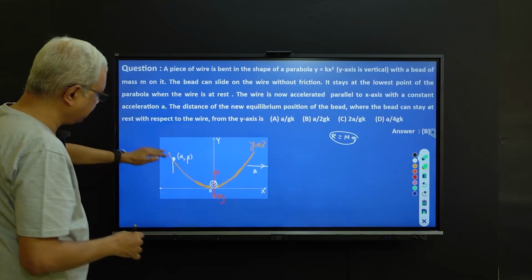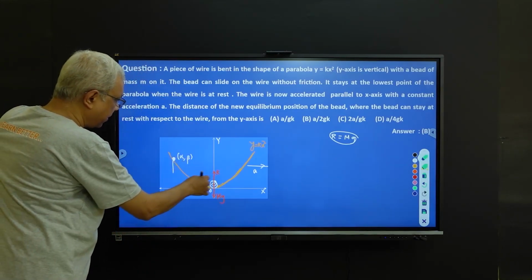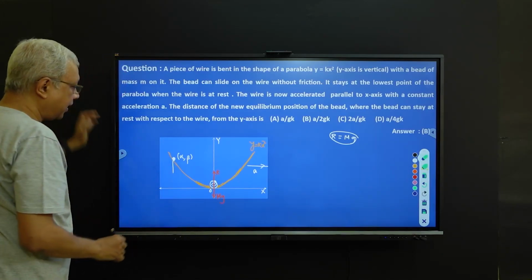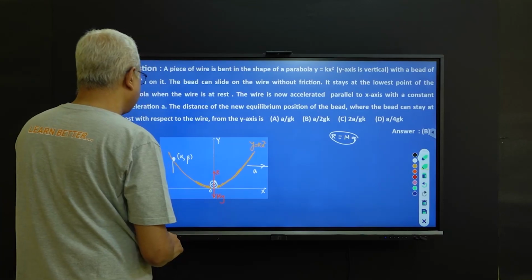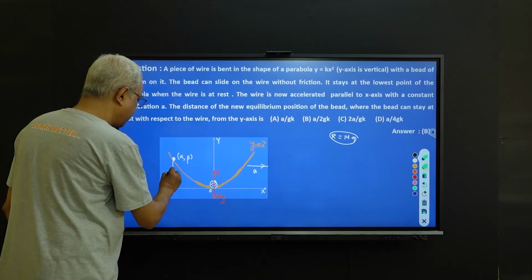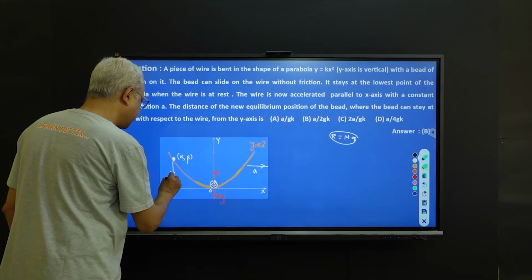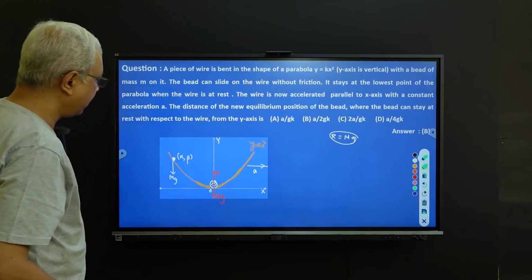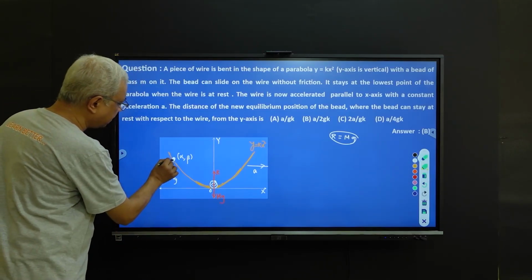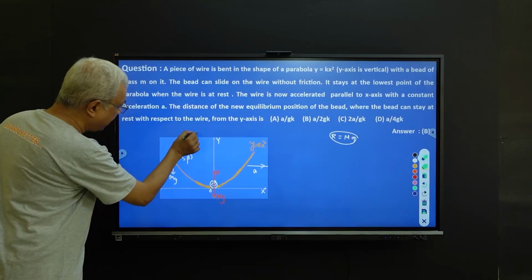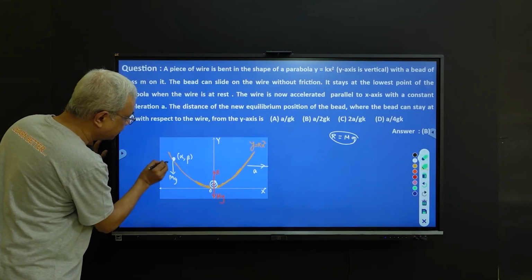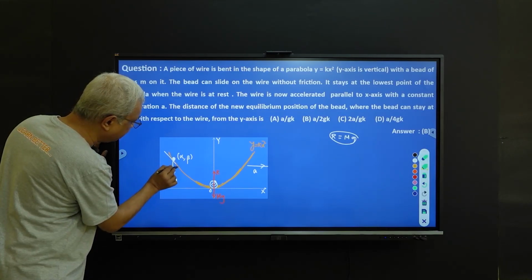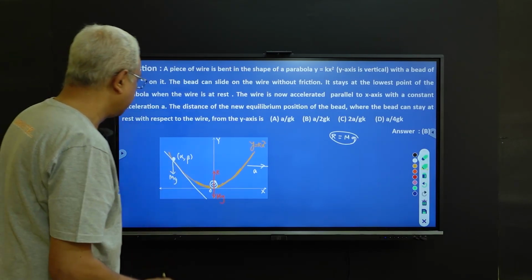In this part of the parabola, at this point, when the bead is there, what are the forces acting on the bead? One is vertically downward, mg. Another is a reaction force which is perpendicular to the tangent to the parabola at this point. So let me draw the tangent to the parabola at this point.